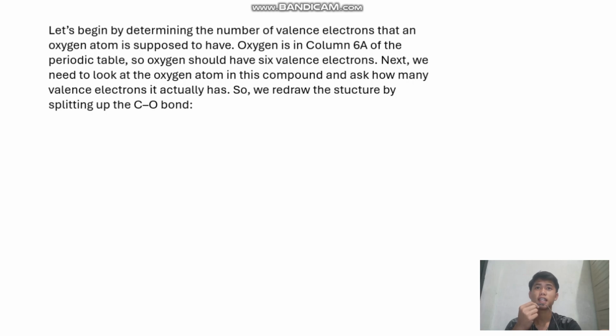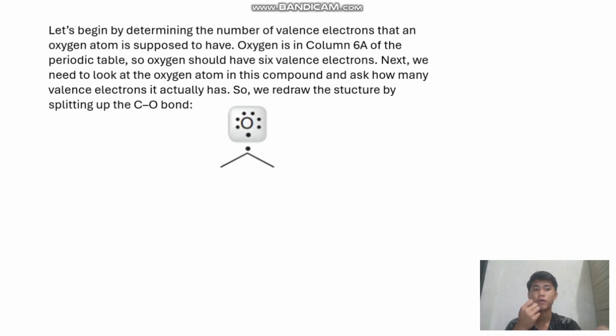Oxygen is in column 6A of the periodic table, so oxygen should have 6 valence electrons. Next, we need to look at the oxygen atom in this compound and ask how many valence electrons it actually has. So we redraw the structure by splitting up this carbon and oxygen bond.